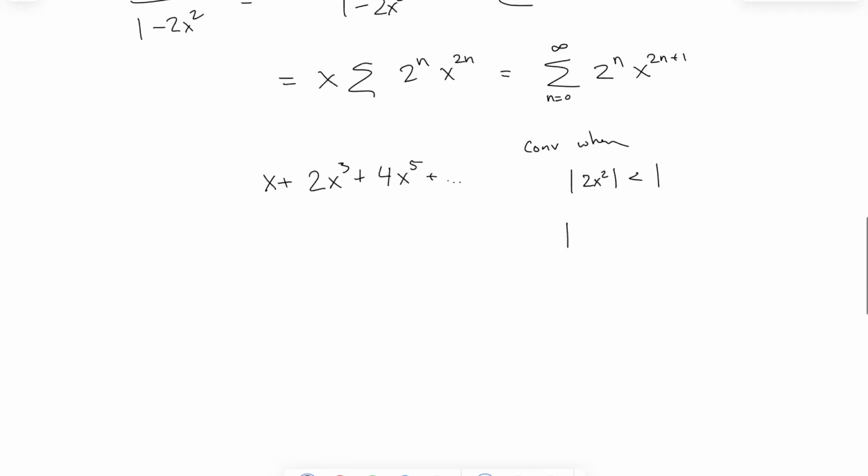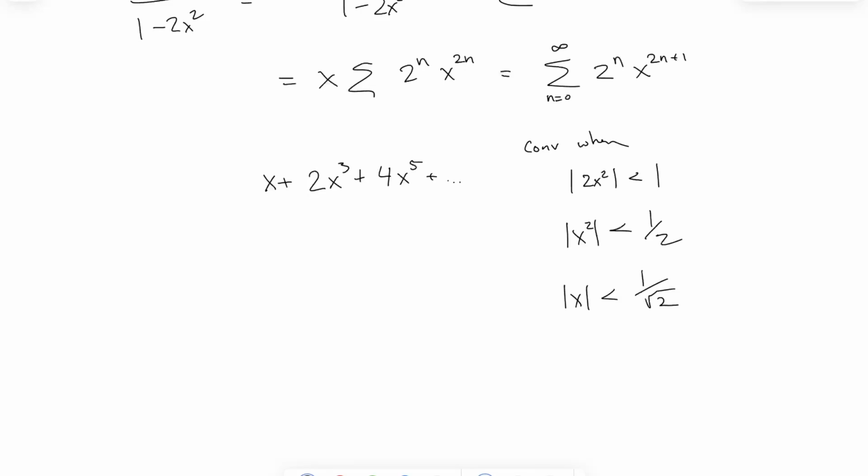I can divide by 2 first. 1/2 like that, right? The absolute value of x squared is the same as the absolute value of x, squared, and then I can solve for that by taking the square root. So it's this. That's the radius of convergence: 1 over root 2. A little weird, but that's how we do it.